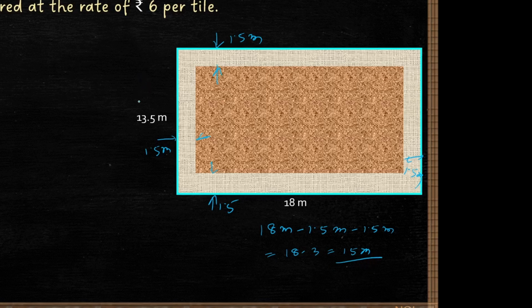And what will be the width of tiling? That is equal to 13.5 minus 1.5 at the top and minus 1.5 at the bottom, and that is equal to 13.5 minus 3, so 10.5 meters. So area of tiling required is 15 meter by 10.5 meters.